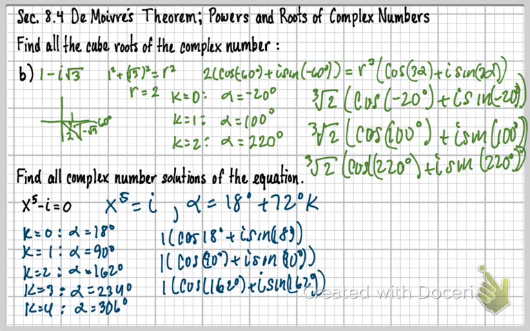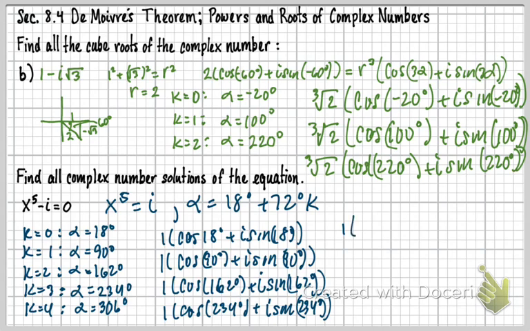Then the next one is going to be 1 cosine of 234 degrees plus i sine 234 degrees. Now the last one, we had a fifth one there, that's only 4.